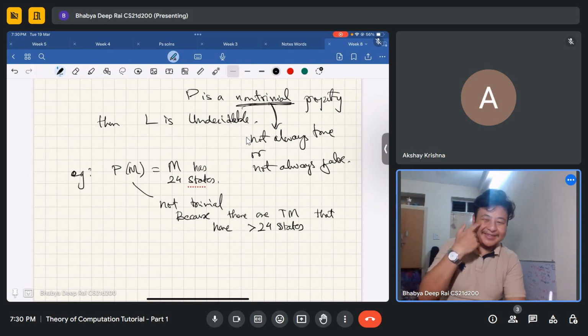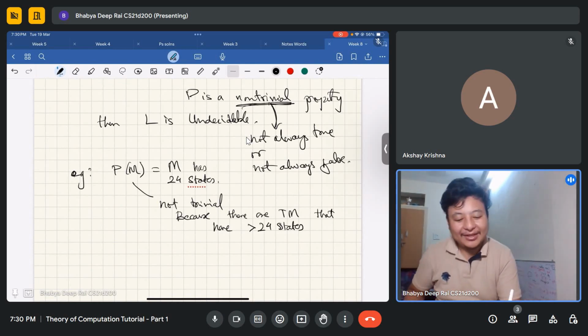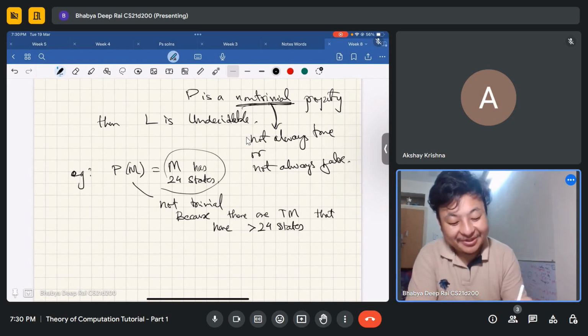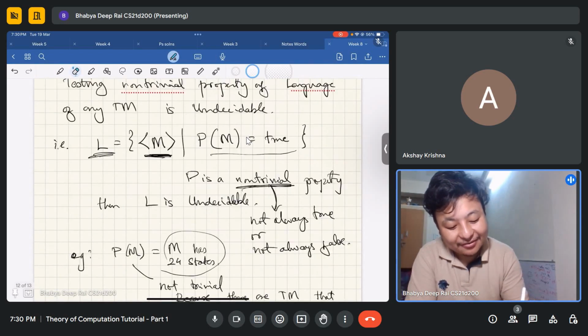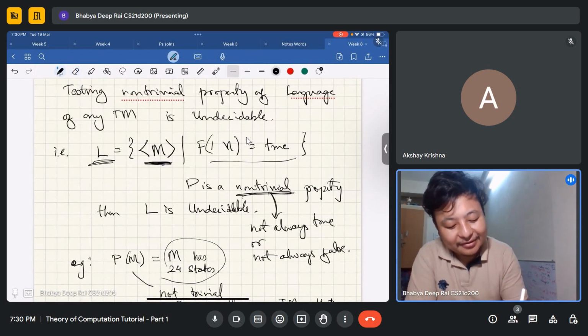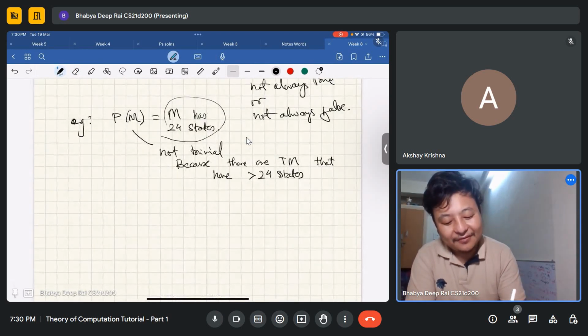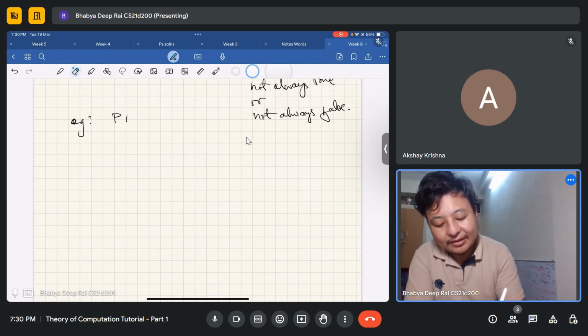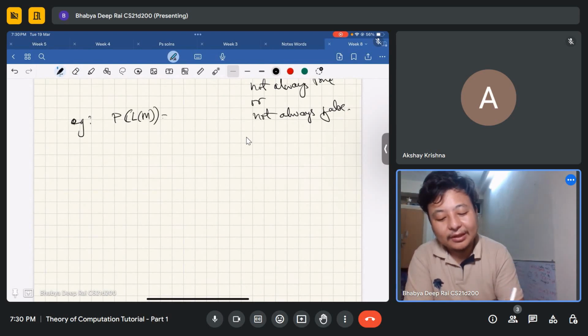So this is a non-trivial property. Sorry, this is a bad example. What I'm talking about is the language, not the property of M. Really sorry, the language of M. Look at the property of the language of M, for example, context free or not.